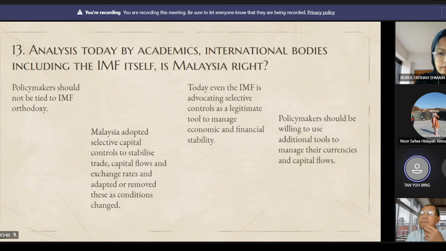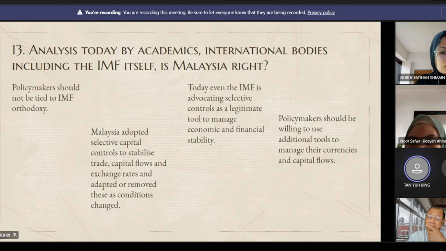Now we discuss the analysis today by academics and international bodies, including the IMF itself. Is Malaysia right? Policymakers should not be tied to IMF orthodoxy. Rather, they should be pragmatic and flexible in their policies and guided by overall national objectives. Fiscal, monetary, and banking policies should be counter-cyclical rather than pro-cyclical.